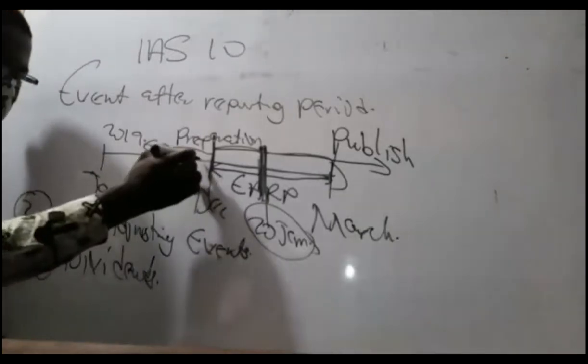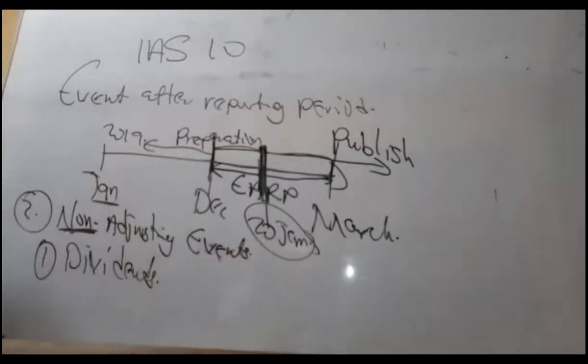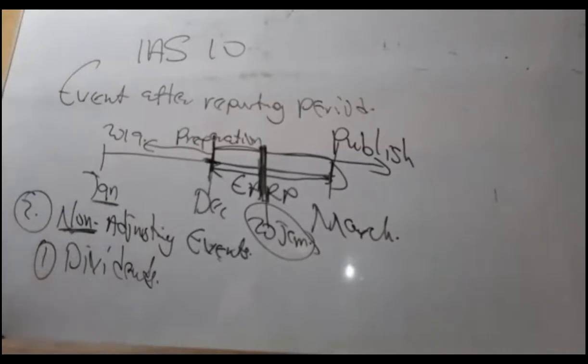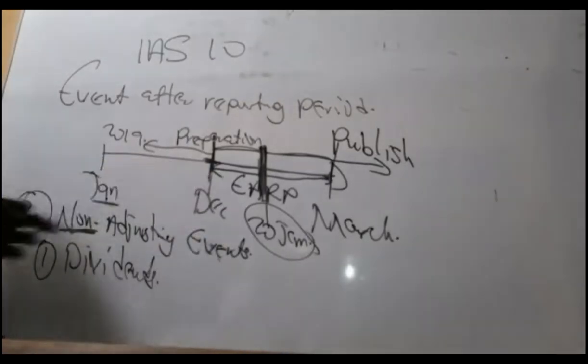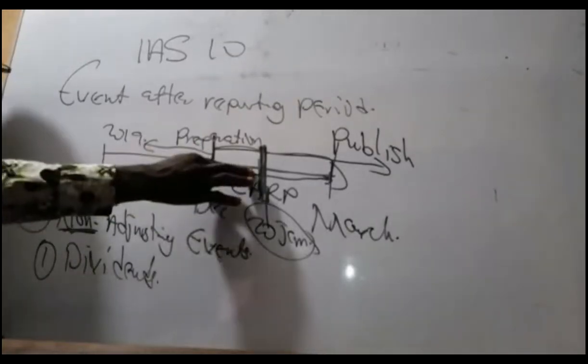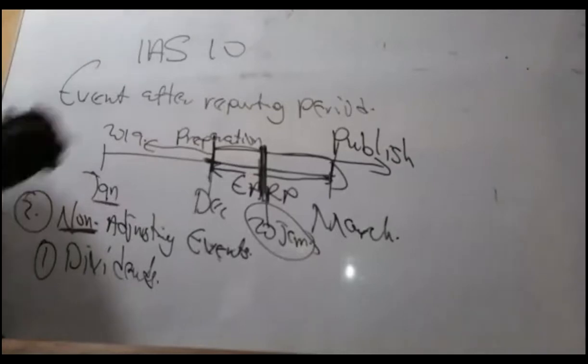Because dividend is a decision. You cannot force the directors to declare dividend every year. So before the year end, there's no indication, nothing suggests that we are owing dividend. Right after the year, we declare that dividend. It does not mean that we were owing dividend before the year end.